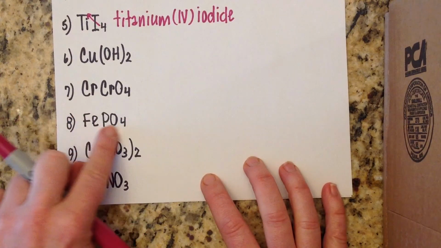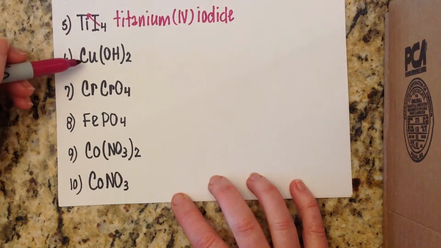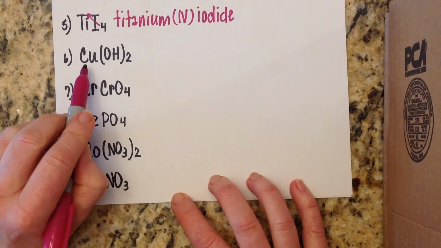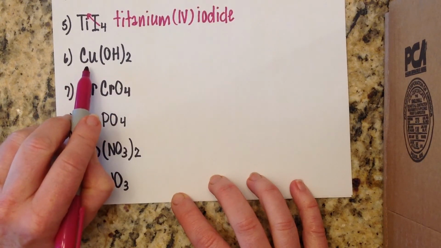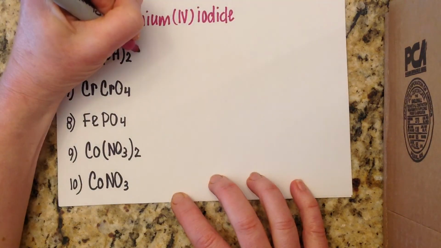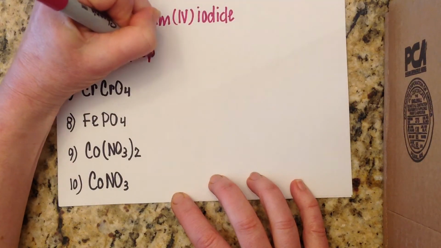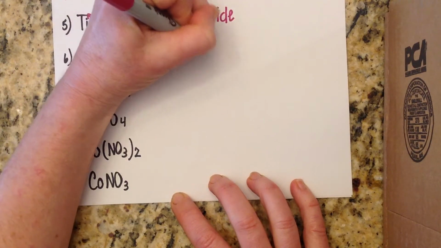Don't let these extra little letters in here shake your confidence. You know how to do it. So number 6, I see copper and I see hydroxide. I'm like, that's a transition metal, so I'm going to have to tell my reader which one. So let's just write what we know. Copper, something, hydroxide.